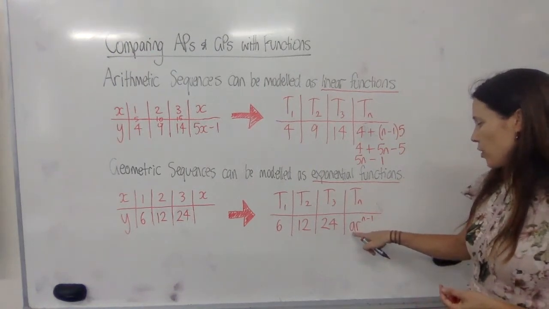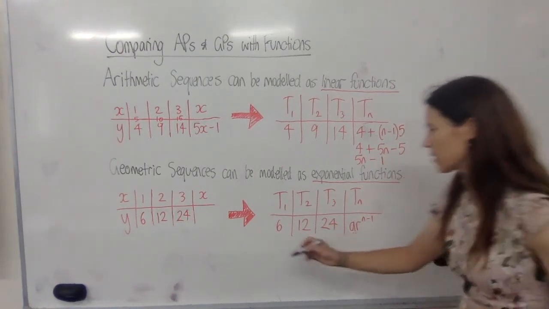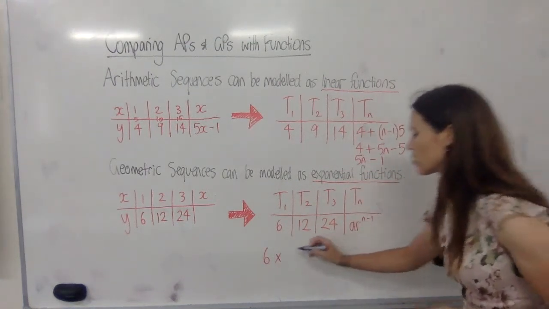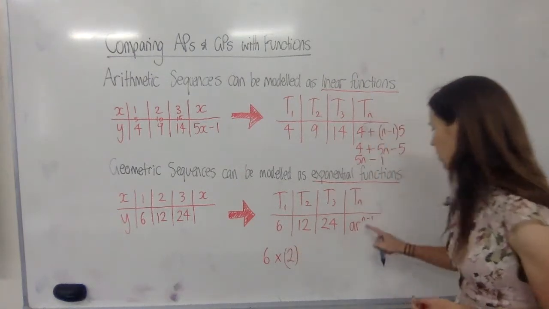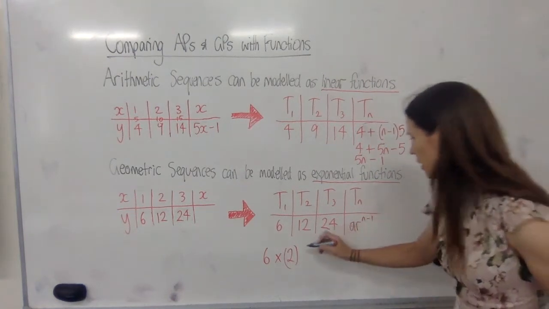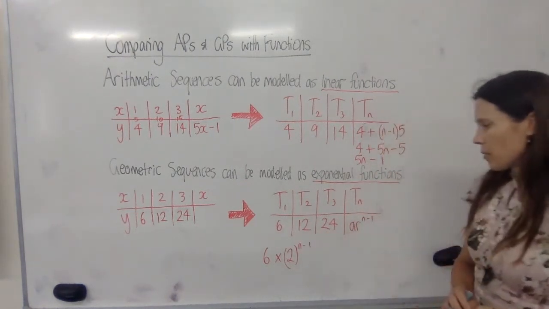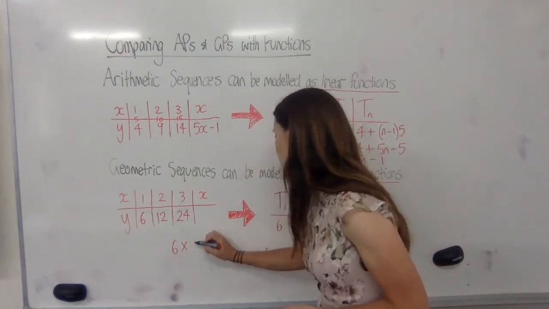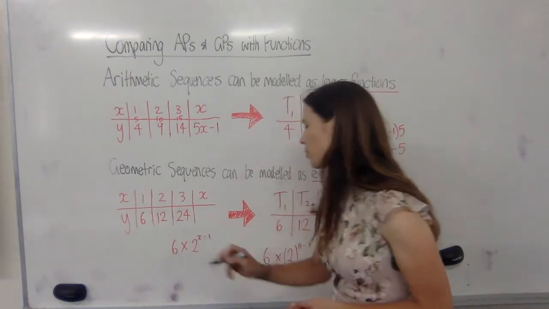We know that we can do the first term, which in this case is 6, and then we can multiply it by the rate. Well, the rate, they're going up by 2s, so it's 2 to the power of n minus 1. So similarly over here, we would have the same thing, 6 times 2 to the power of x minus 1.